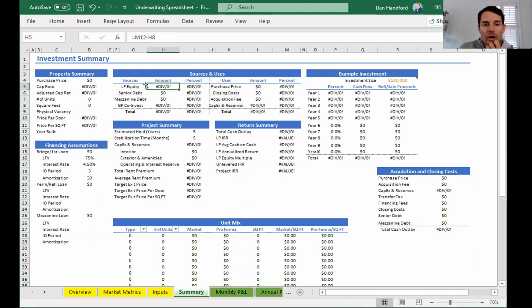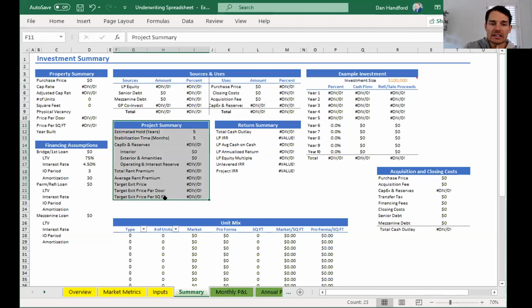Where we go next is, again, that project summary. So we're doing a 5-year hold. What's the CapEx breakdown from interior, exteriors, and then your total rent premium, average rent premium, target exit price, all of that information.